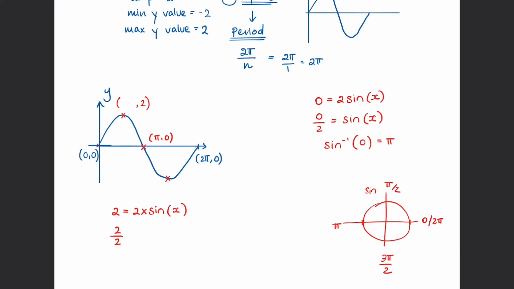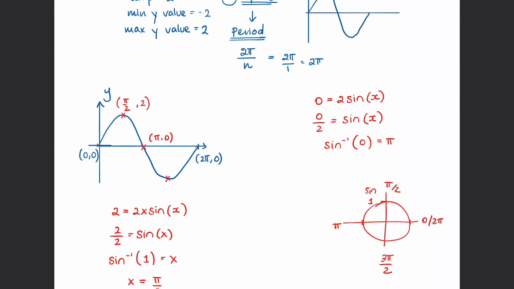Now 2 divided by 2 equals sine of x. Inverse sine of 1 equals x. X is equal to pi on 2. And we know that by looking at our unit circle again, when sine or the y has a value of 1, it's at pi on 2.